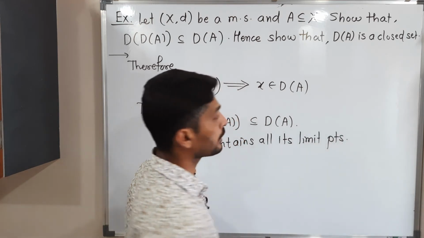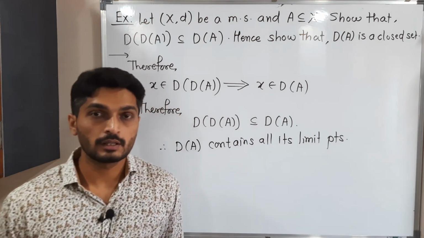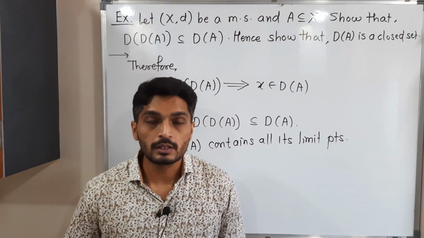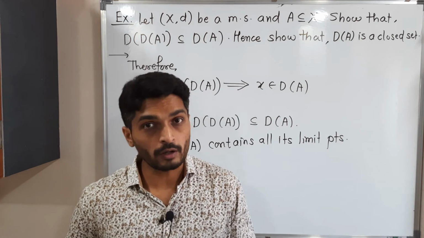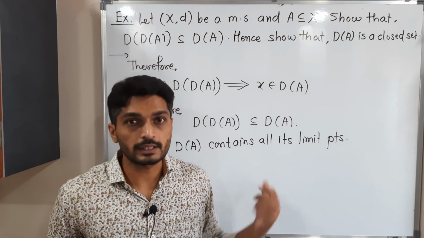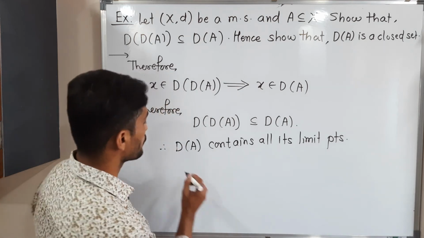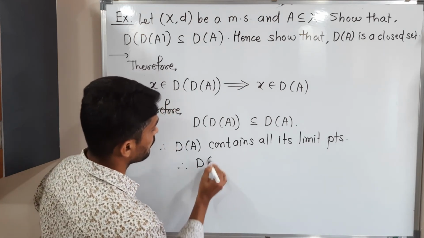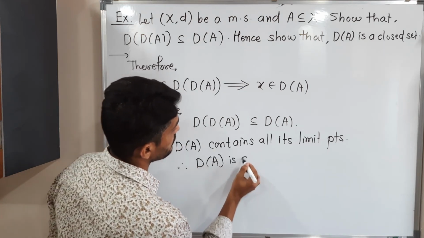Okay, so this is one of the definitions of a closed set. We say a set is closed if its complement is open or if it contains all its limit points. So this definition is satisfied. It contains all its limit points. So therefore we can declare D of A is a closed set.